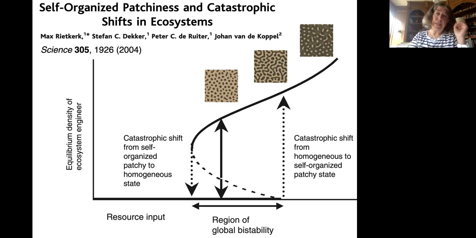In the case of these dryland vegetation patterns, that resource is the amount of water coming into the system, something like the mean annual precipitation in that region. And on the vertical is some measure of how robust or how active the ecosystem is.